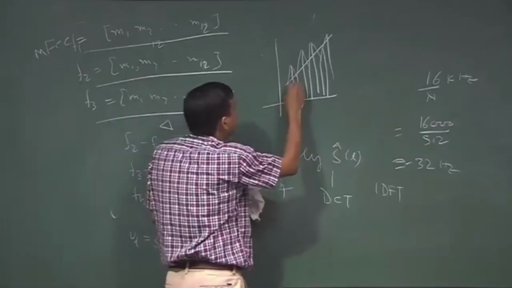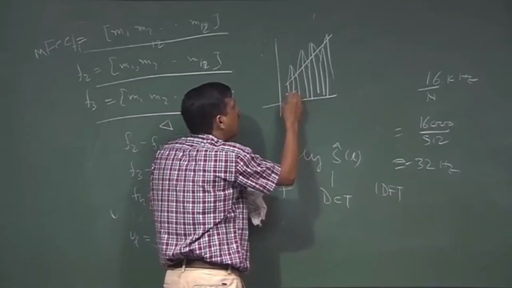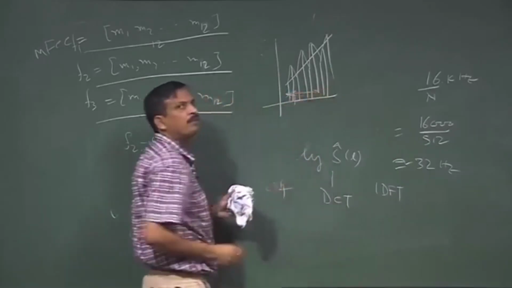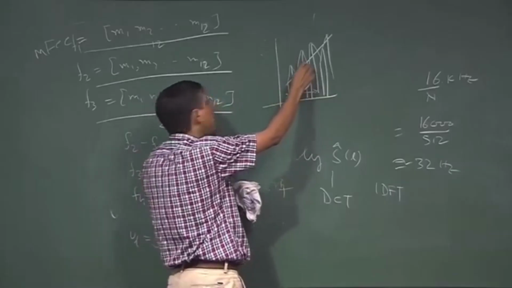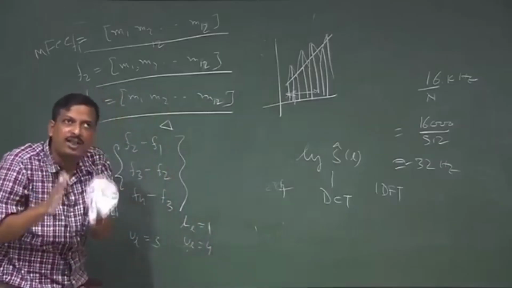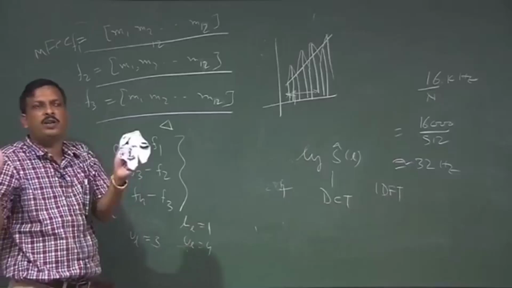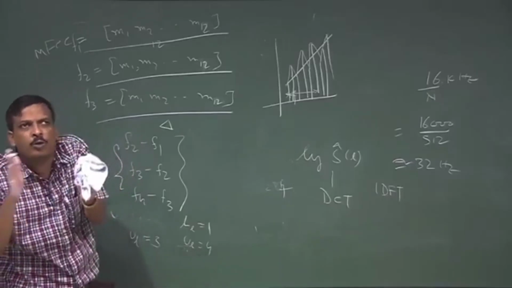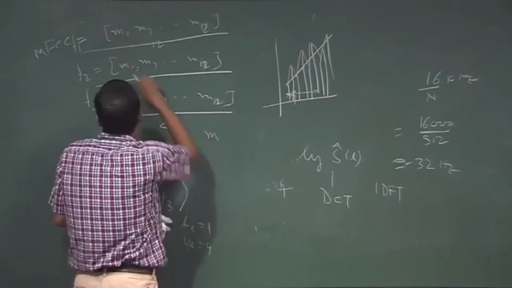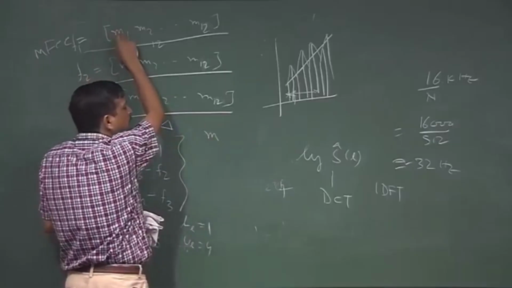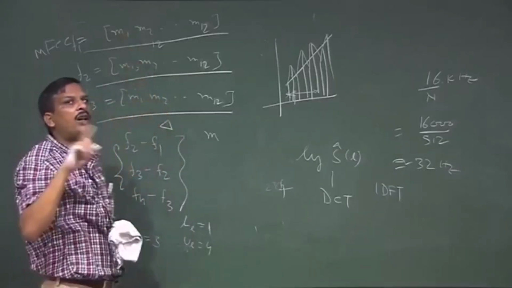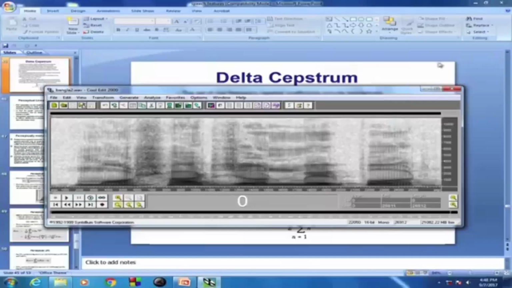Instead of taking just the difference between two consecutive samples, I can take the average difference over a few samples, and that can smooth it. So, instead of taking this difference, I will calculate the delta coefficient or the double delta coefficient across a few frames instead of a single frame. Suppose for the first one, instead of taking m1 of frame 2 minus m1 of frame 1, I take a few frames of m1 and find the delta coefficient. So, this is the equation.